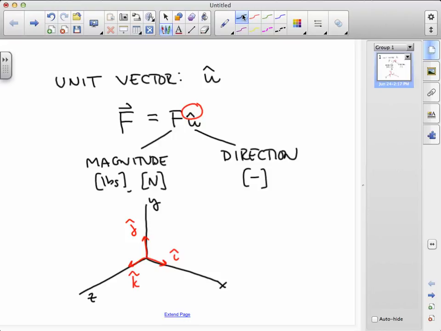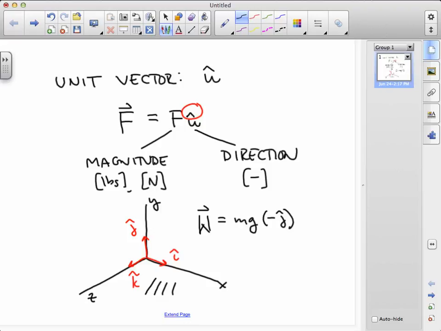Let's go back to our furniture moving exercise. Suppose we define a Cartesian coordinate system with the xz plane coincident with the floor so that the y-axis is in the vertical direction. In this case, we would represent the weight as a scalar magnitude equal to the mass times the gravitational constant on a direction, which in this case would be in the minus j direction.